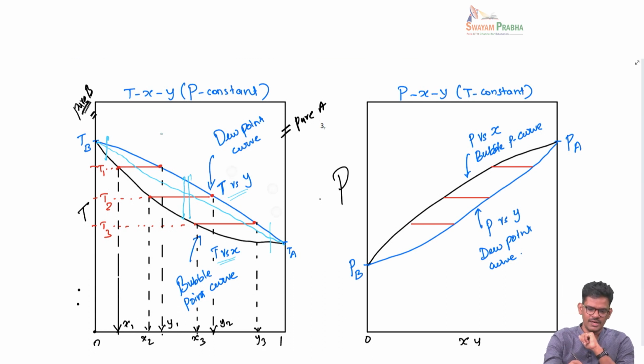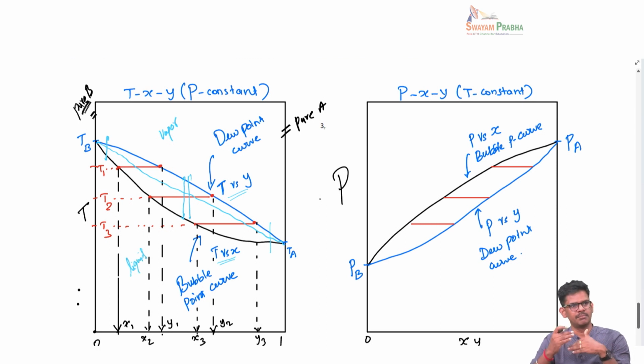Here you have fully a vapor phase, below you have a liquid phase, and in between, in this loop bound by the bubble point and dew point curves, you have a two-phase mixture. Like I was saying before, if I make a composition at a point somewhere here, you will see it immediately phase separate into a vapor phase and a liquid phase.